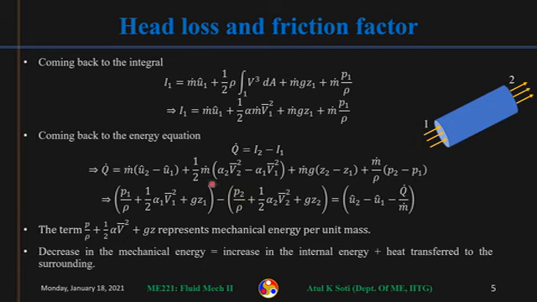The decrease in mechanical energy is equal to the increase in internal energy, u2 minus u1, plus q. Q was heat given to the system, so minus q is heat given by the system, so plus the heat transferred to the surroundings by the fluid between points 1 and 2. So this is the energy equation in words for this pipe.